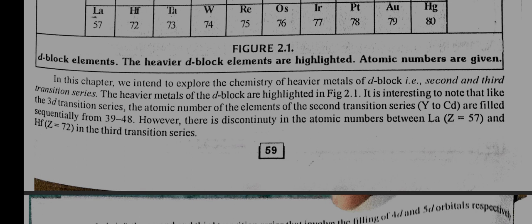It is interesting to note that like the 3d transition series, the atomic numbers of the elements of the second transition series are filled sequentially from 39 to 48. However, there is discontinuity in the atomic numbers between lanthanum and hafnium in the third transition series.